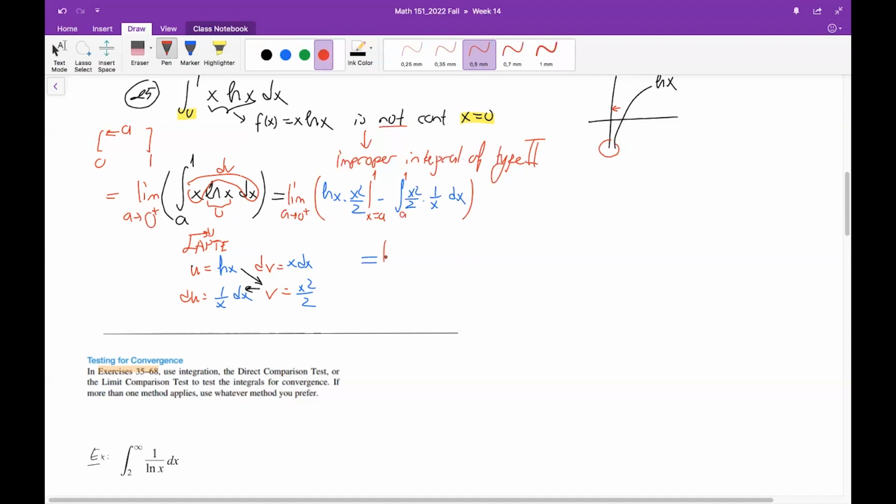We have the limit as a goes to 0 from the right. Now time to insert. It is ln 1. I am first inserting 1 for x. ln 1 is 0, so nothing comes from the upper bound. Now insert a for x. A squared over 2, there should be a minus in front. What kind of integral do you have here?